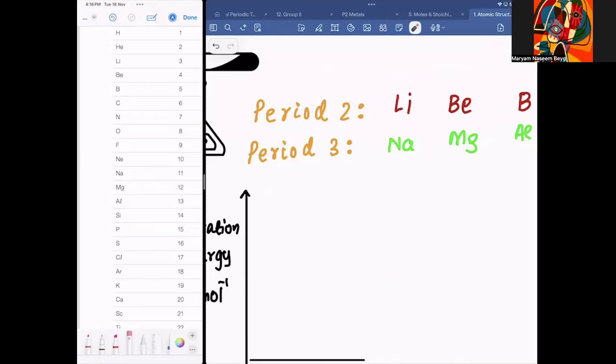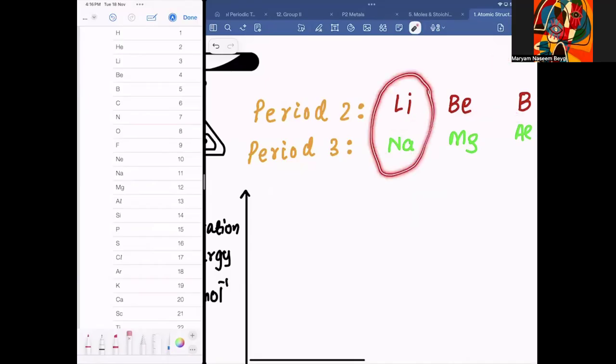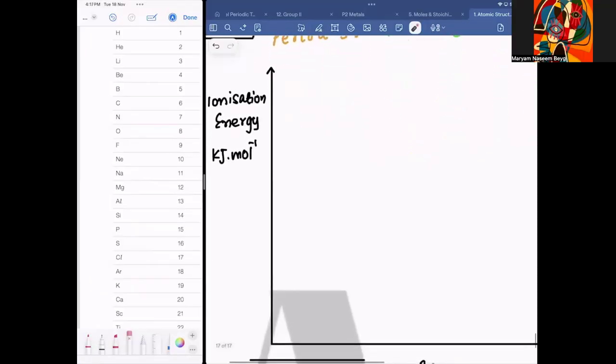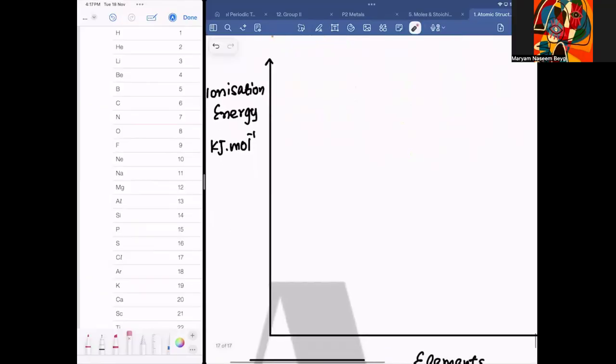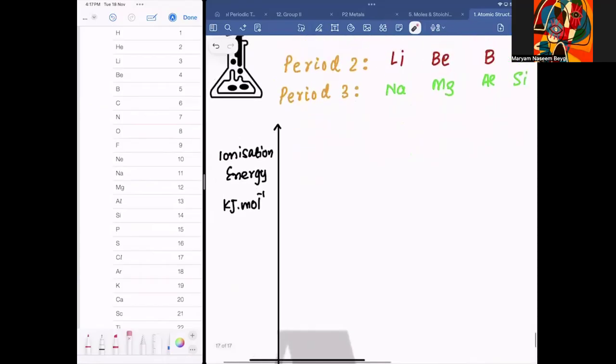Sir, did you ask whether ionization increases or decreases? Ionization energy decreases down the group, and across the period it increases. So I just asked you about lithium and sodium. What did you say? Isn't it you said that it increases? Yeah, I said ionization increases, which is wrong.